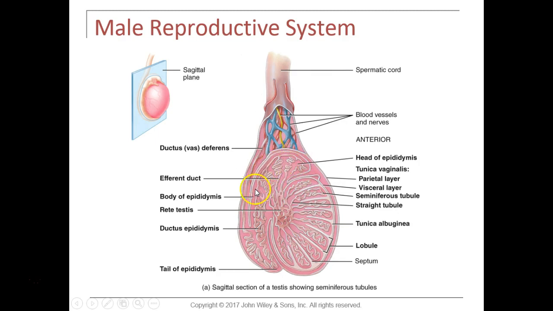So the epididymis is this structure right here that lies on the outside portion of the testicle and is made up of tubes that get really big, and the largest tube that leaves the epididymis is called the ductus vas deferens, which we also just call the vas deferens, and it carries the sperm cells after they're matured in the epididymis up the vas deferens into what's called a spermatic cord, and then into the body. So we'll talk about the pathway that sperm take also in a second.